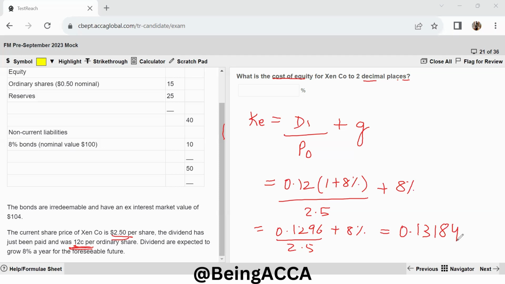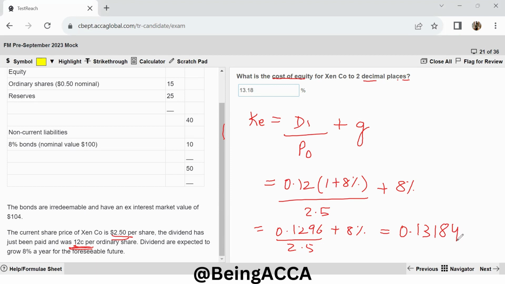If I multiply this by 100, I will get it in percentage terms, and my question wants me to give the answer in 2 decimal places, so that is exactly what I'm going to do. I will say 13.18, because it wants me for 2 decimal places, and that is what I have given them.